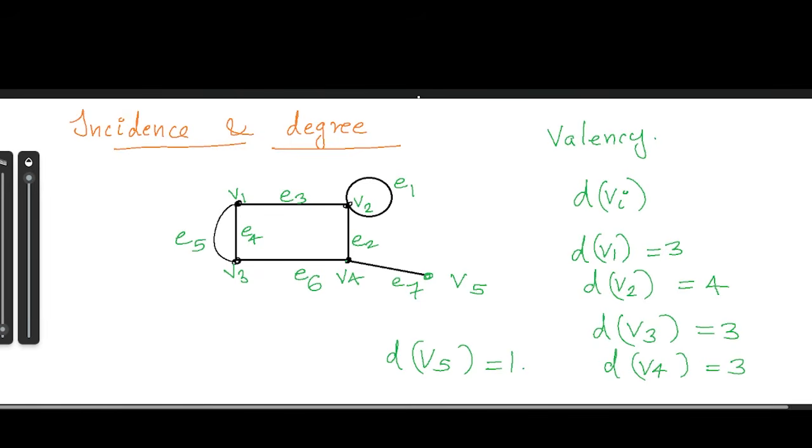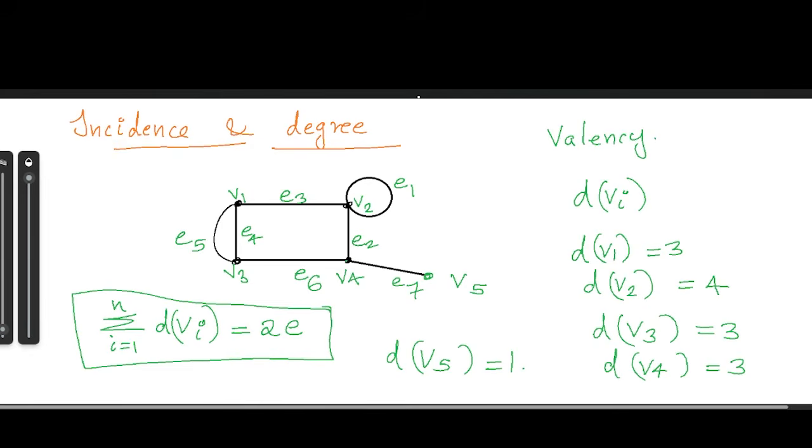Now next we have the handshaking lemma. The handshaking lemma says that the sum of d of Vi equals 2 times the number of edges, 2e, where i varies from 1 up to n. If there are n vertices, sigma i from 1 to n of d of Vi is equal to 2e. How to prove this?